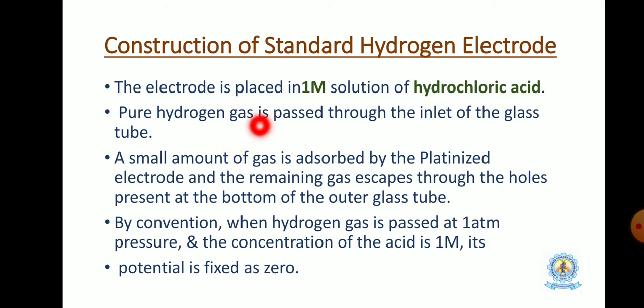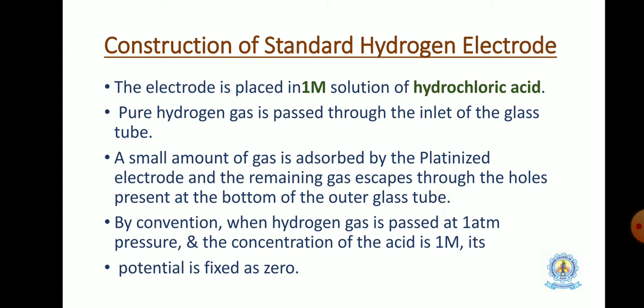This electrode should be placed in its own electrolyte solution, that is hydrochloric acid, whose concentration should be 1 molar. After that, when you pass the hydrogen gas, some amount of the hydrogen gas is absorbed by the platinum foil and the remaining gas escapes through the holes present at the bottom of the outer glass tube.